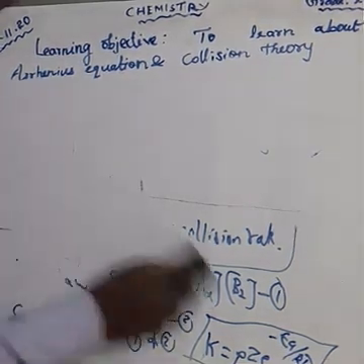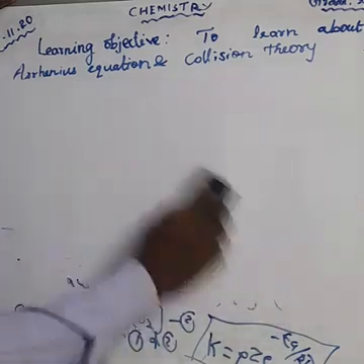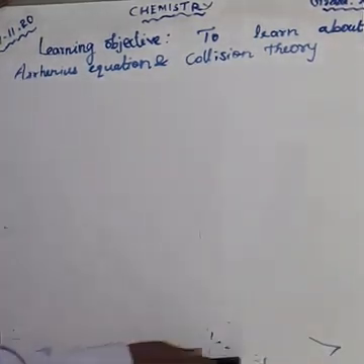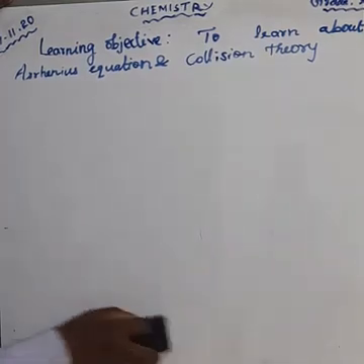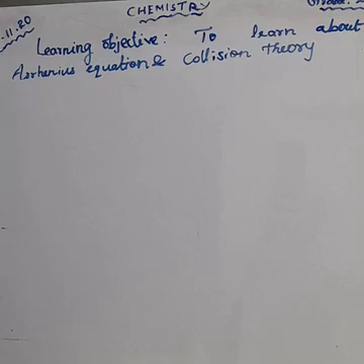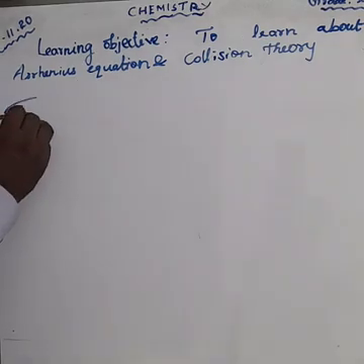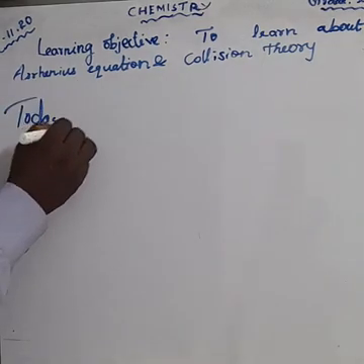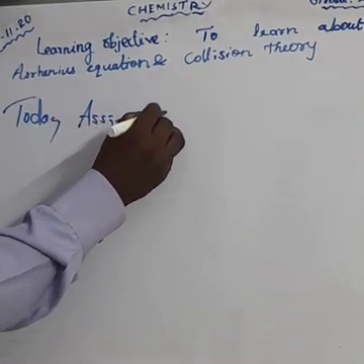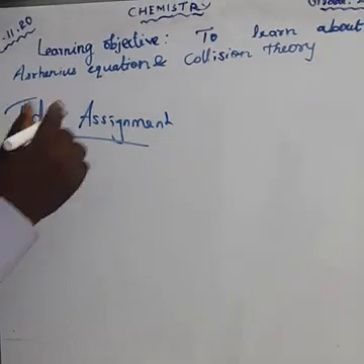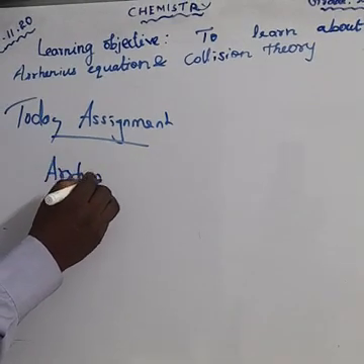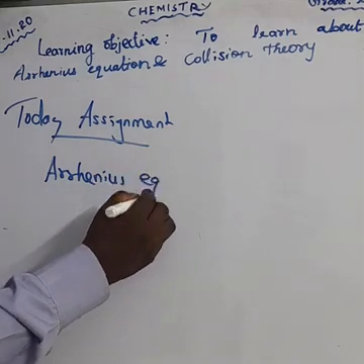Both of these questions are very important: collision theory and also the Arrhenius equation from the kinetics chapter. Try to learn this question. So today's assignment is to learn about the Arrhenius equation.